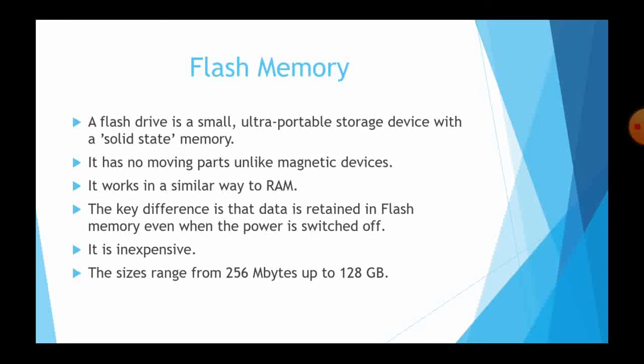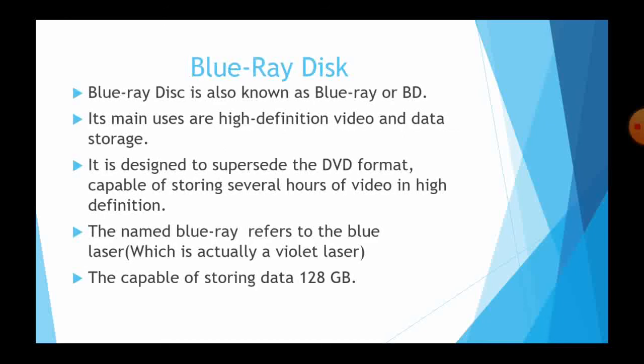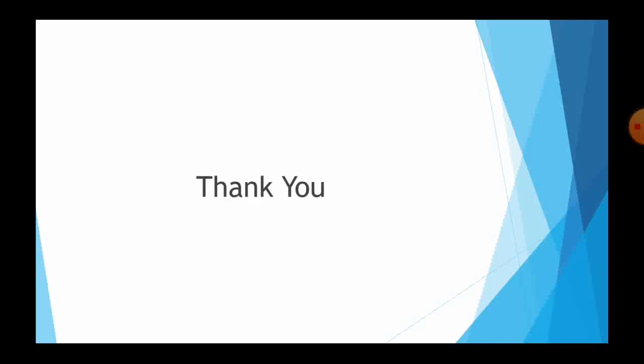The size ranges from 256 megabytes up to 128 gigabytes. Blu-ray disc refers to the blue laser, which is actually a violet laser. It is capable of storing data up to 128 gigabytes. We can store high definition video and data using this memory.